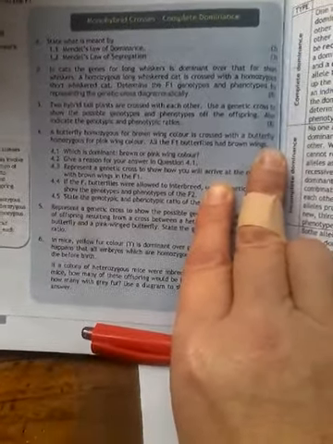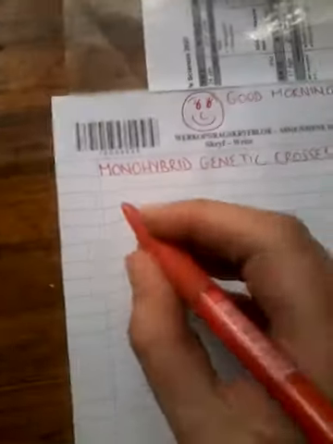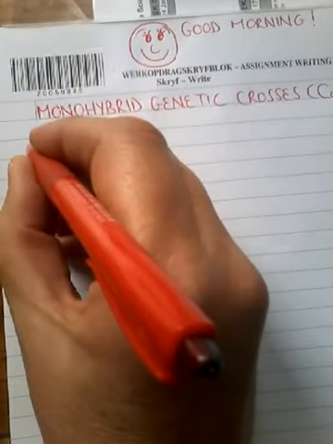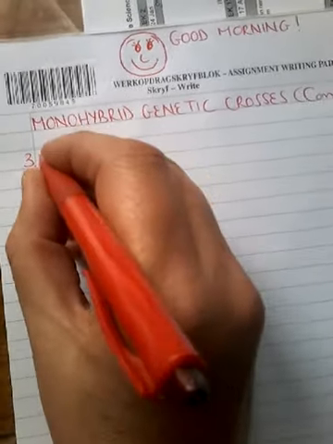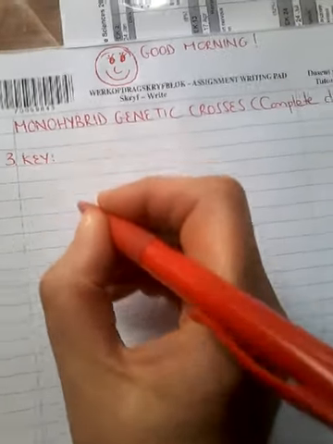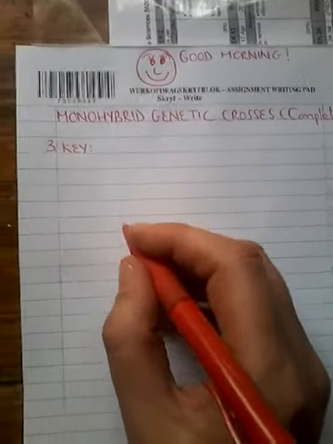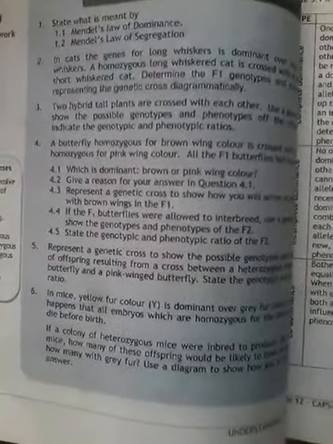Okay, so now if we remember how to lay out a genetic cross, let's number this number 3. We first have a key. Okay, you guys can do this in your book as I am doing it, so we are doing it together. Okay, the key, we're looking again at the height in plants.